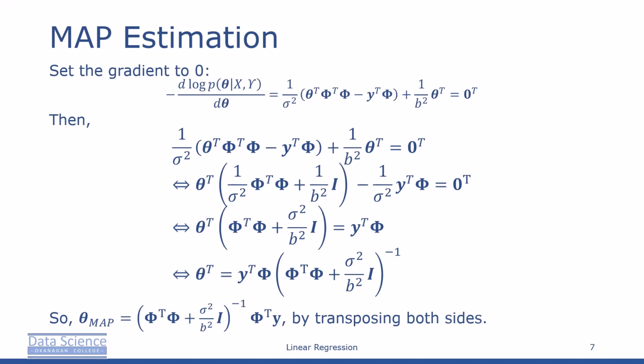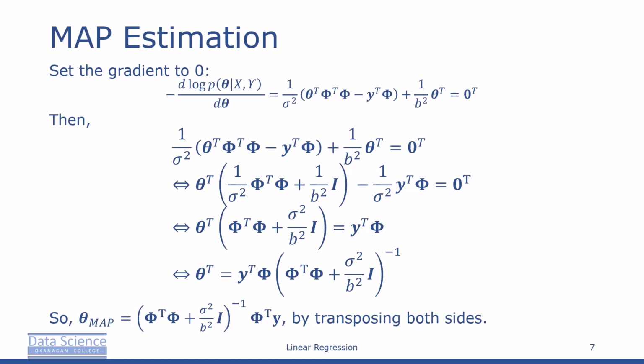By taking transposes on both sides, we get that theta MAP is therefore equal to the inverse of (Phi transpose Phi plus sigma squared over b squared times I) times Phi transpose times y. A couple of notes. Phi transpose Phi is symmetric and positive semi-definite. I'll tell you why in a second. You'll also notice that there's an additional term in the bracket, and that's strictly positive definite, so that inverse exists.